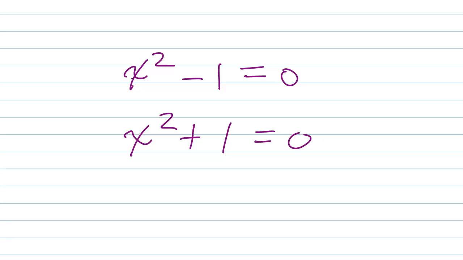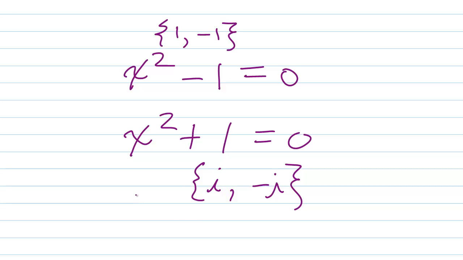The solution set to the top equation turns out to be {1, -1}. That is how we use set notation: we list the elements and enclose them in curly brackets to indicate that it's a set. The solution set to the other equation, on the other hand, is {i, -i}. Or if you're an engineer, you might prefer to use j, the j operator, the unit imaginary number.